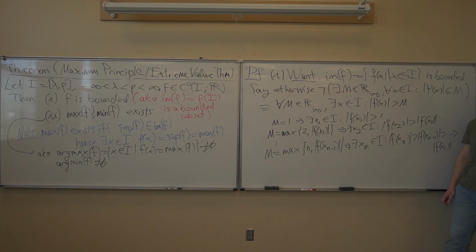Now, ultimately then, I have a sequence x bullet in this closed and bounded interval such that when I apply f to it, this sequence in absolute value is strictly increasing. Okay, it's escaping from the origin.